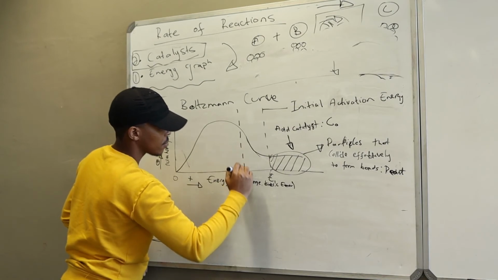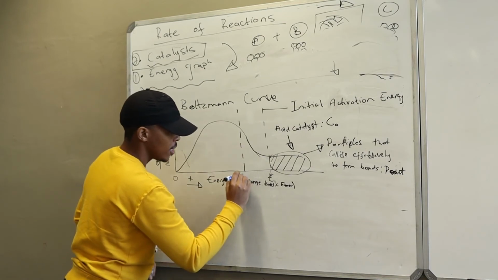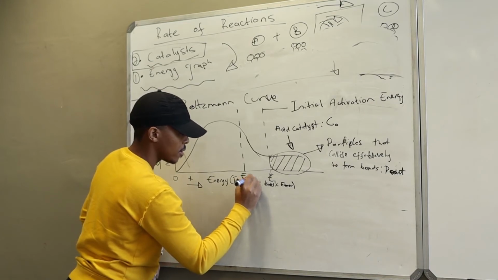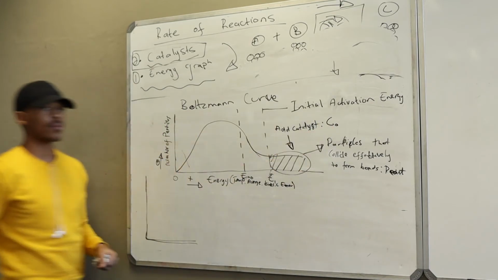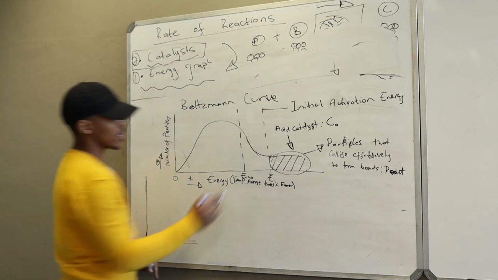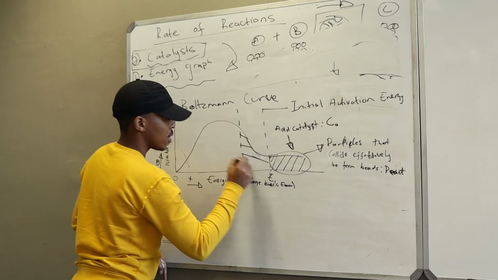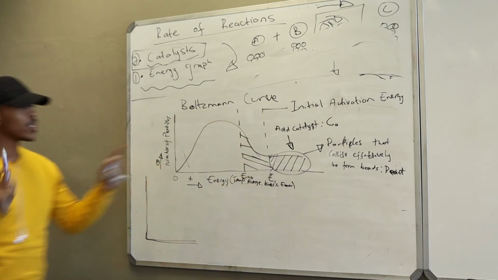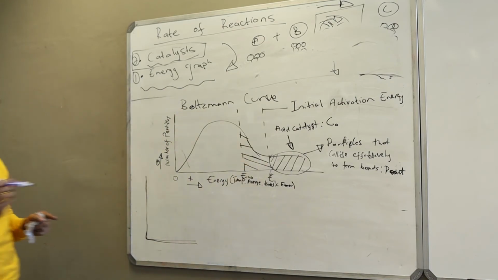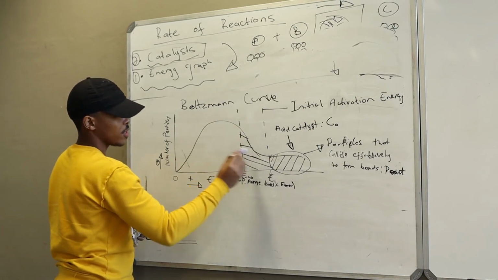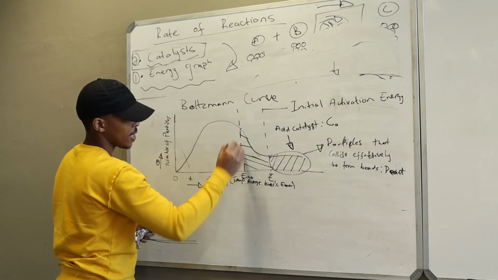Now the initial, let's call it plus 0 because of the catalyst. Right? Now what's going to happen? Now what's going to happen, you noticed, is that now all of these particles will collide effectively.